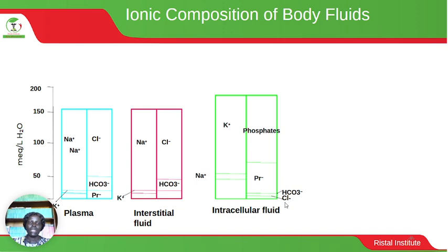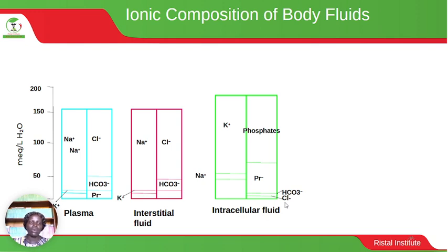So let's look at the ionic composition of body fluids. Right there we have a pictorial that shows which electrolytes are found in which compartment. Remember, the plasma and the interstitial fluid make up the extracellular fluid compartment.